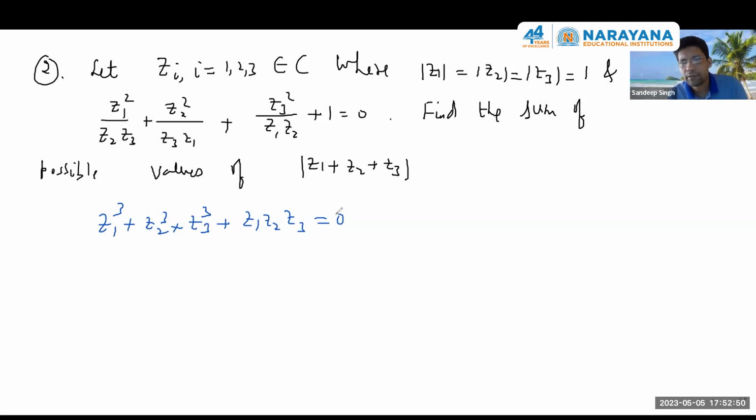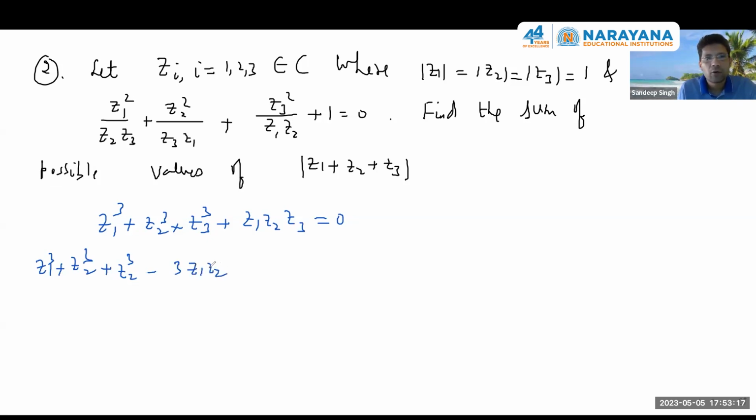Some sort of factorization? Yes. A cube plus B cube plus C cube is there, and the magnitude is unity. Obviously there is no hard and fast rule here because this is not a problem of solving an equation. So we want to consider this in the hope that it might lead us somewhere.